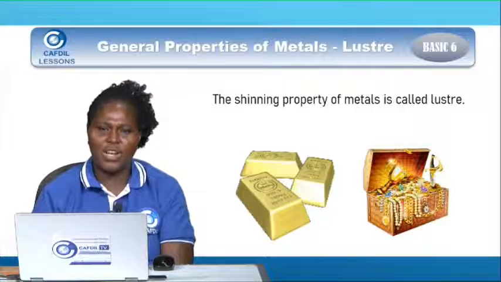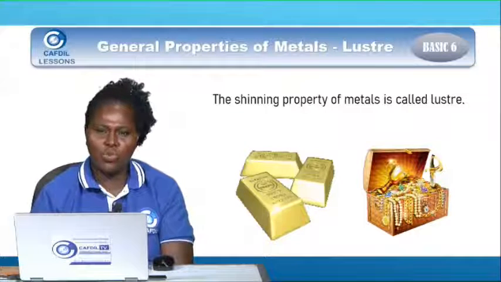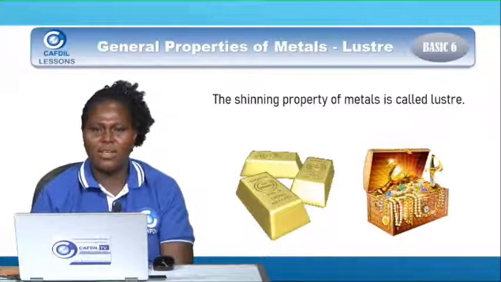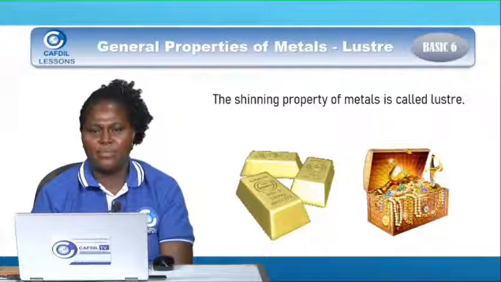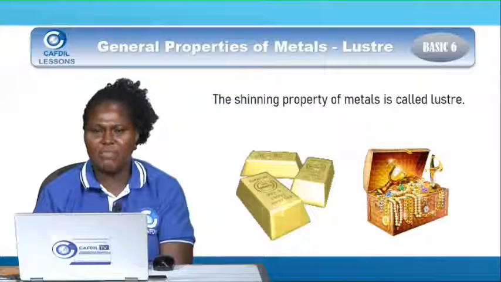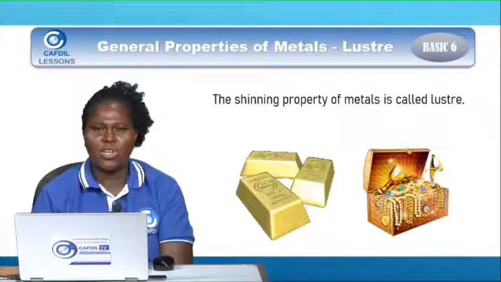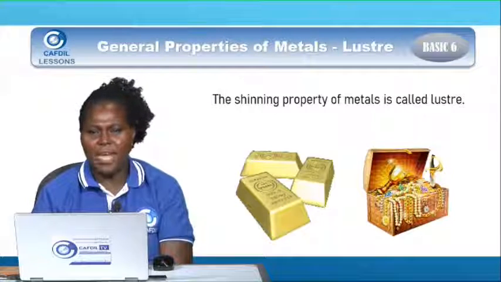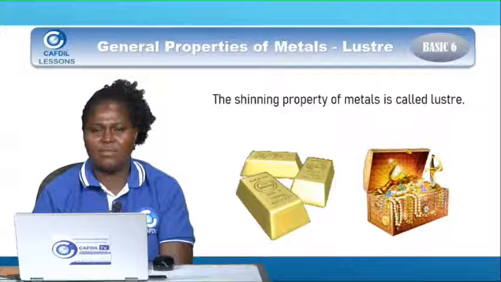Let's look on our screen. Gold jewel. We have a gold cup. Yes, it is shining. Its shining nature allows it to be made into jewelries.